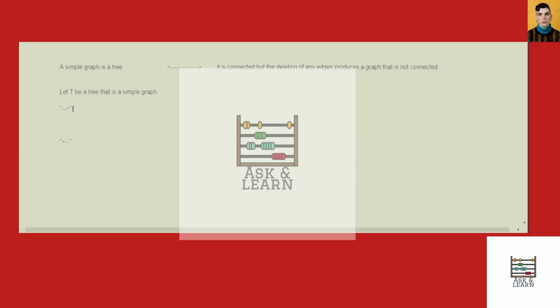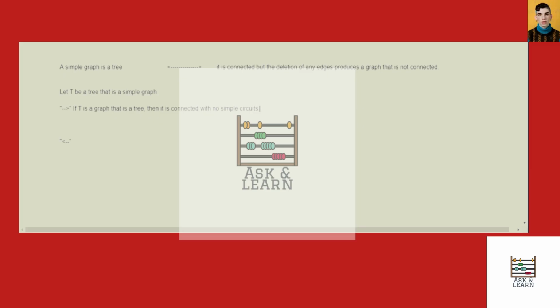And then we can identify any variables or any letters that we're going to be using. So if T is a graph that is a tree, then it is connected with no simple circuits. So we want to make sure that we identify how we're defining T. We know it's a graph. We know it's a tree because it is connected and has no simple circuits.